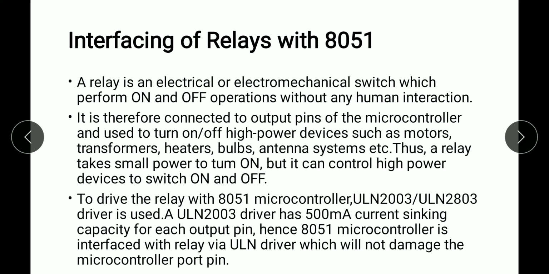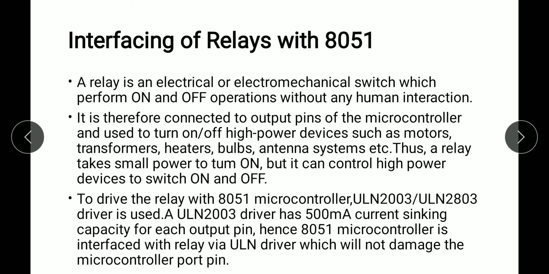To drive the relay with the 8051 microcontroller, the ULN 2003 and ULN 2803 driver ICs are used. The ULN 2003 driver has a 500 milliampere current sinking capacity for each output pin.